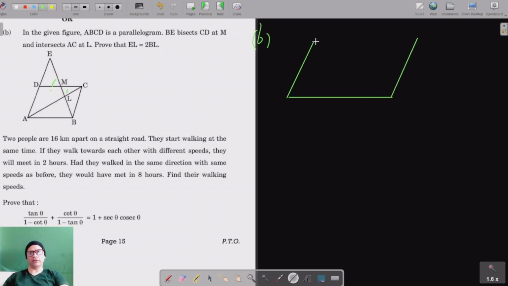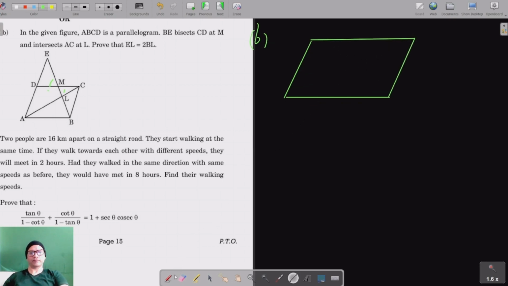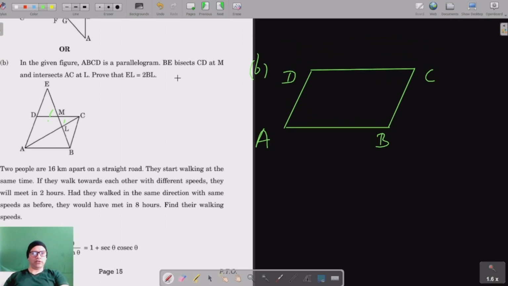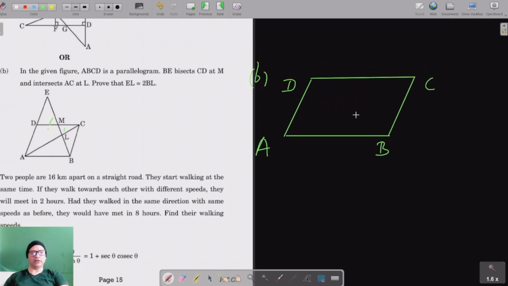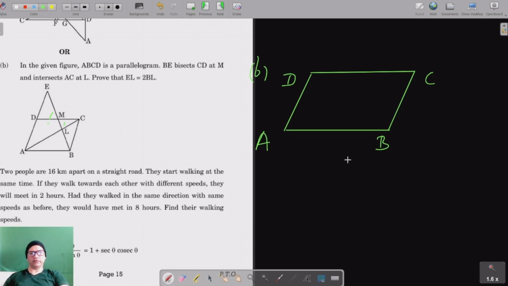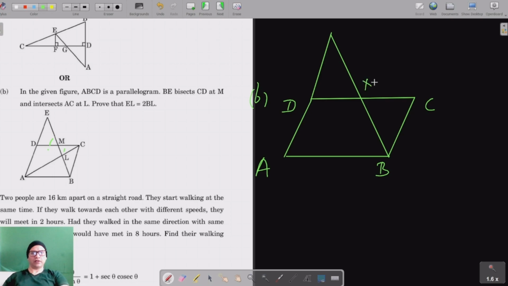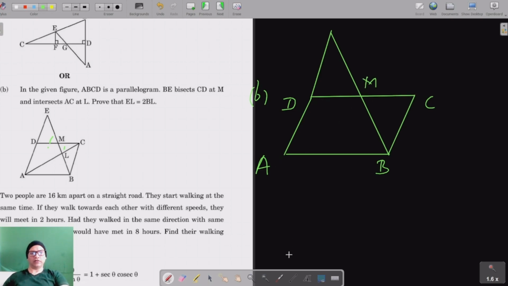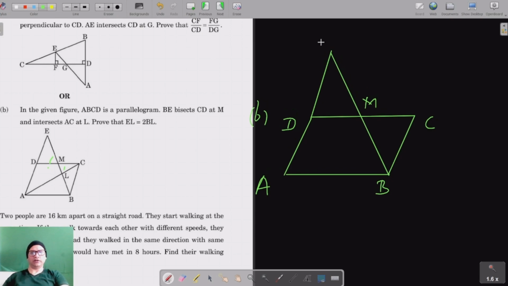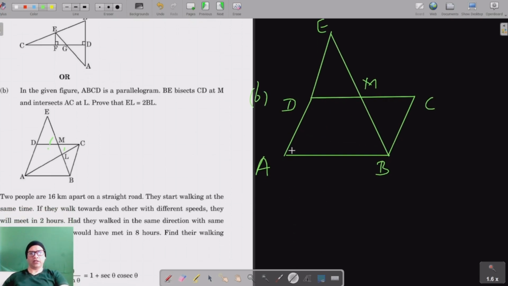So this is ABCD. This is ABC and BE bisects CD. BE, this bisects CD. So this is BE that bisects CD at M, and AC intersects this EB. So this is E, and AC, it intersects.